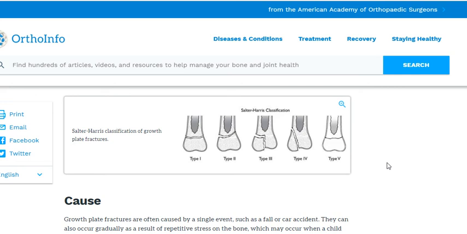And lastly the type 5, which is more of a compression fracture, and these are very subtle and very easy to miss. An observation on the relationship between these types of injuries and their frequency is that types 1 and 2 are more commonly seen, and they become least common with types 3, 4 and 5.